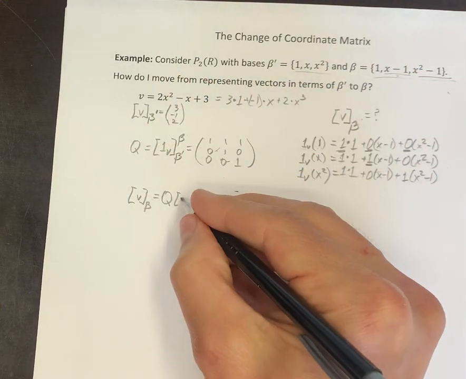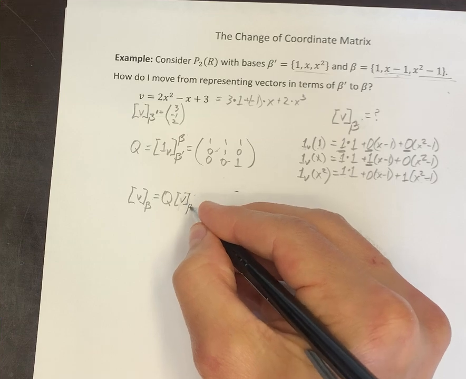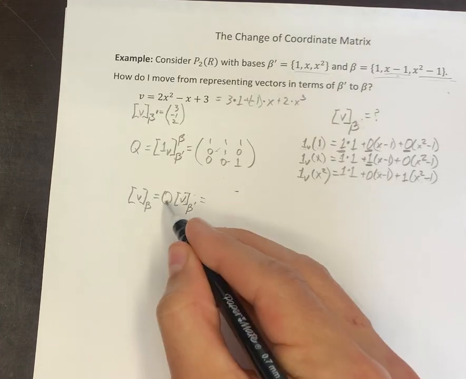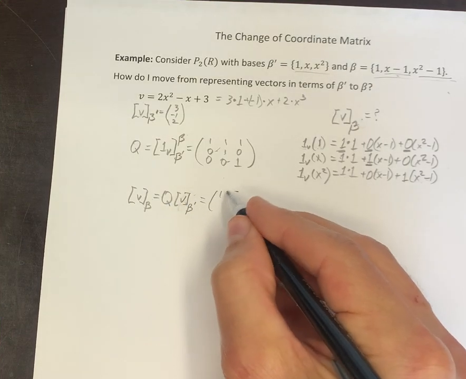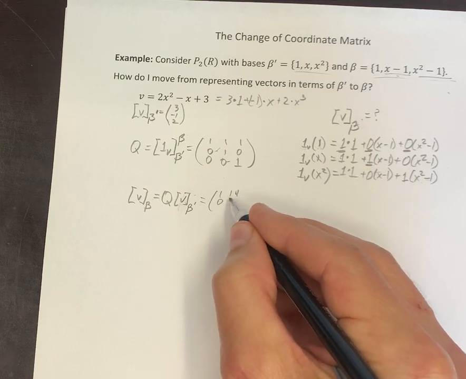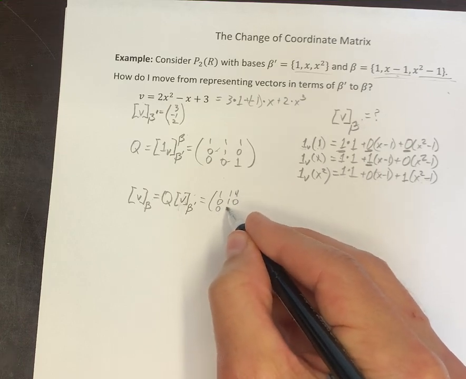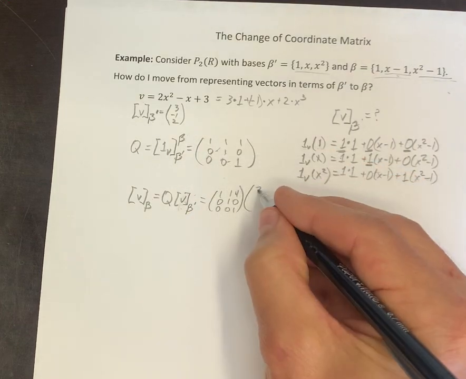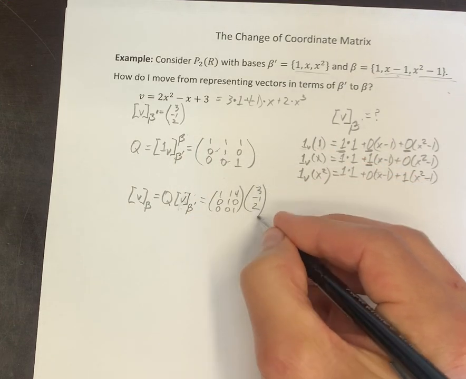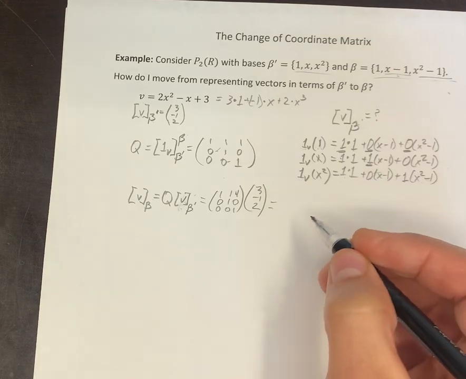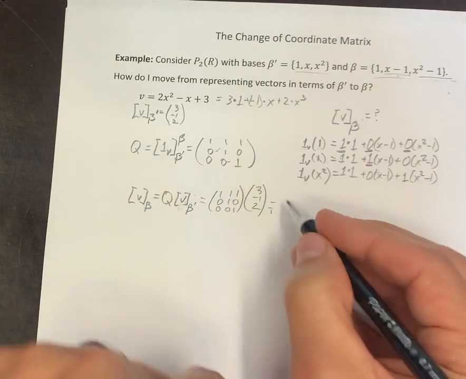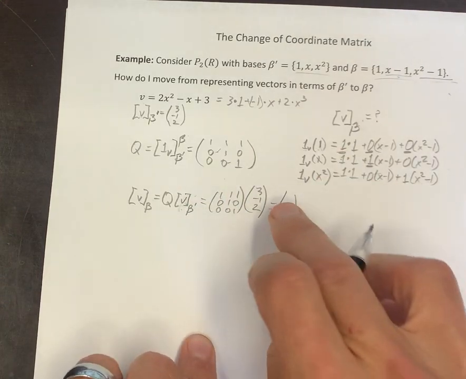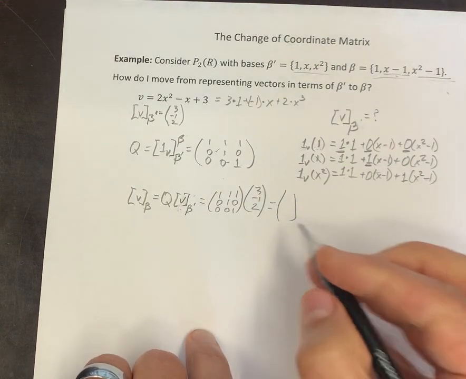So this is V beta prime. So this matrix I know, that's 1, 1, 1, 0, 1, 0, 0, 0, 1. And this I know, that's 3, negative 1, 2. And I can multiply that out. It'll be a 3 by 1 matrix.